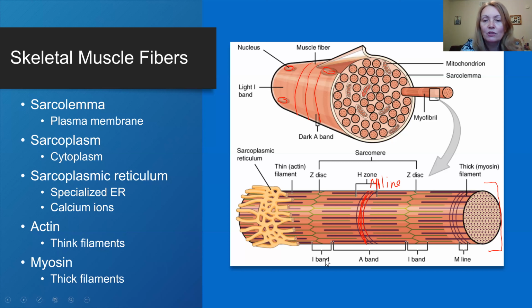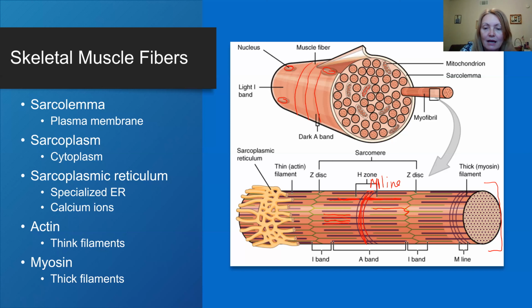The thick filaments are shown here in purple, attached to the M-line, and the thin filaments are shown in green, and they attach to the Z-disc. And then if you look over here, in some areas we have thick and thin filament overlap. Like over here, we have thick and thin filaments.